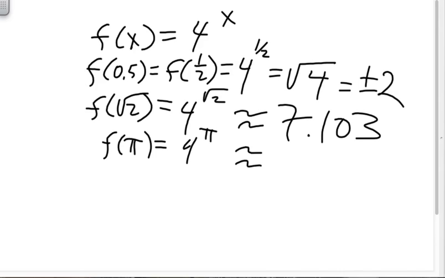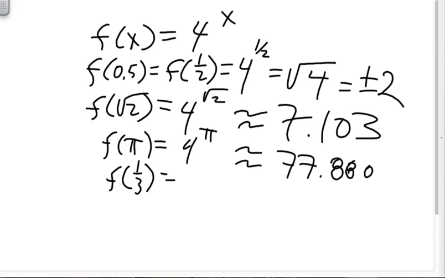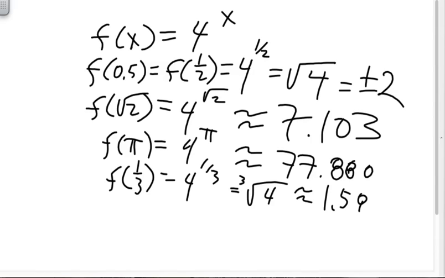And you put that in your calculator, it works out to be 77.880 to 3 decimal places. Last one then will be f of 1/3, which will be 4 to the 1/3, which is the cube root of 4, which is approximately equal to 1.587. Again, to 3 decimal places.